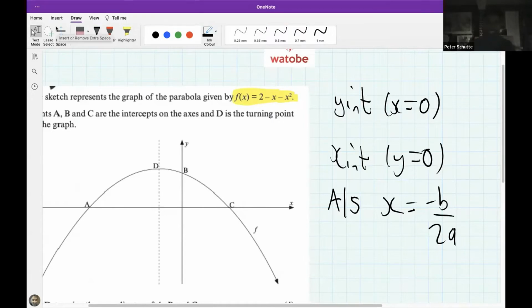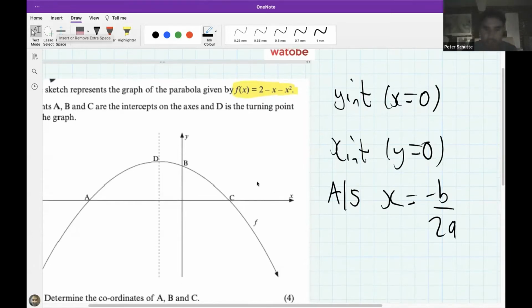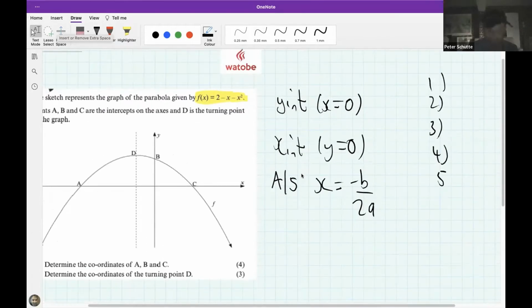Sorry, guys, you know how it is. Let me zoom. Can you see it now? Yes, I think it's perfect. We can see everything. Okay, over to you guys. Let's get the show on the road.